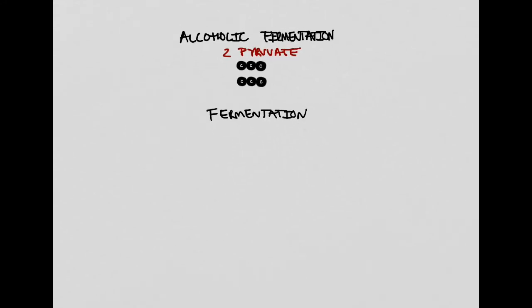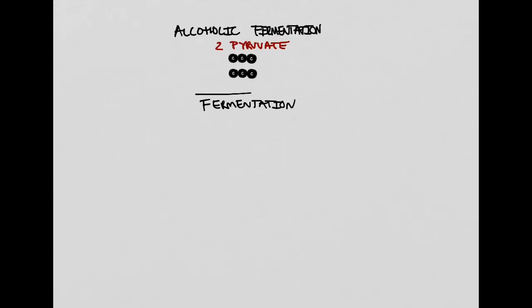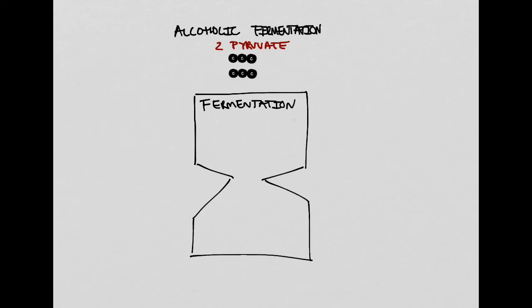And unlike in lactic acid, which was just a simple rectangle, the fermentation pathway for alcoholic fermentation is going to look more like an hourglass. And we'll talk about why that is in a second.